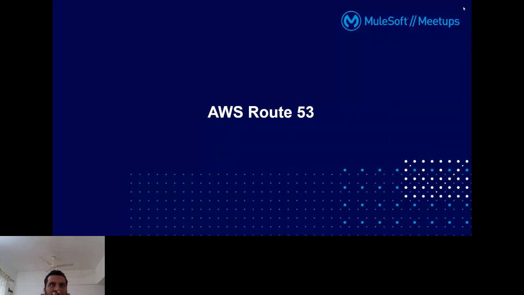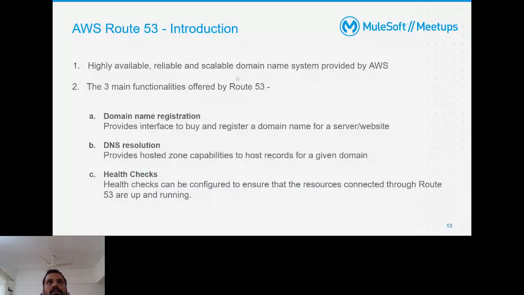Okay, so now since you have a basic understanding of what DNS is and how it works, I think it's a good time to start with the AWS Route 53 service. This is a service which is global in nature, provided by AWS. When I say global in nature, it is not tied to any particular region.